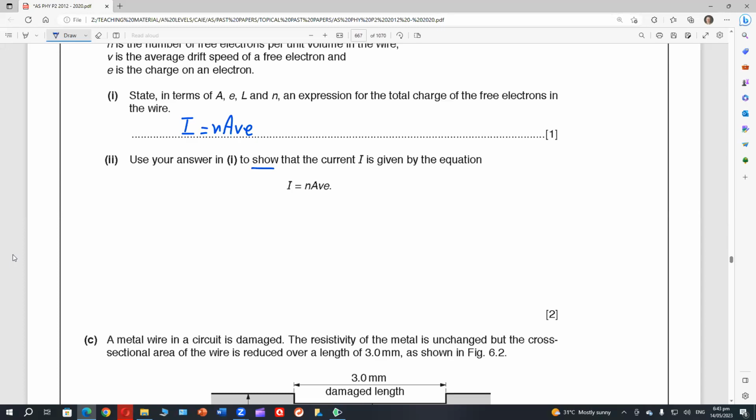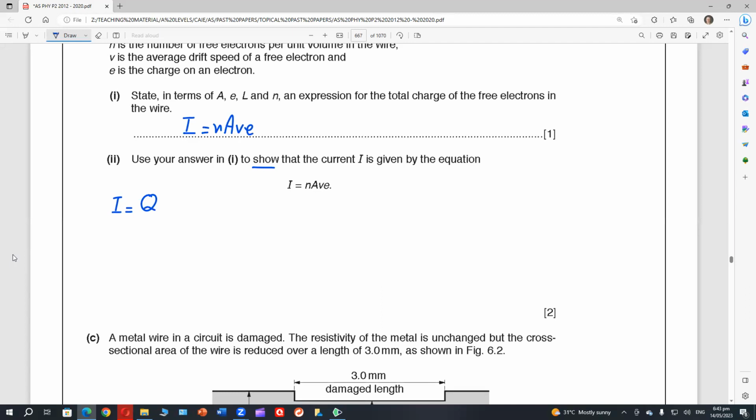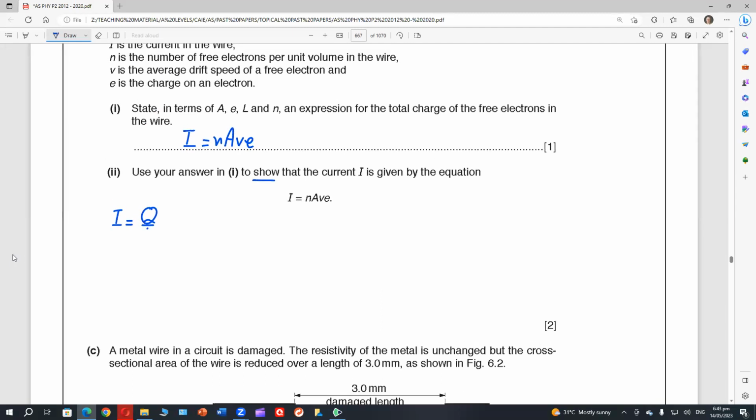Now this is the derivation. Derivations are a case of memory. Now, how should I derive this formula?